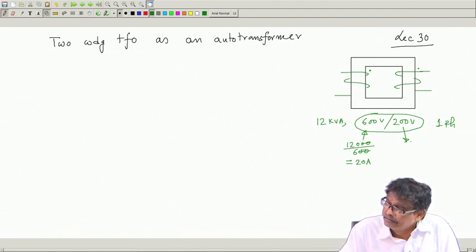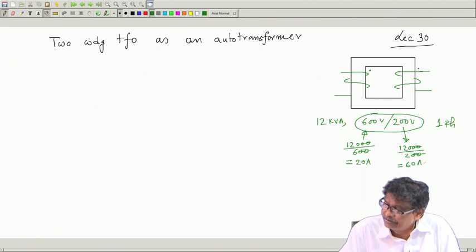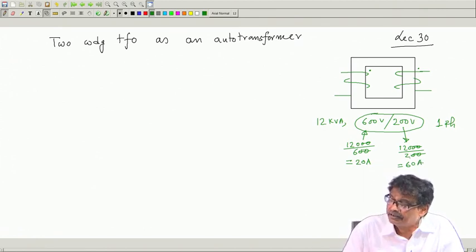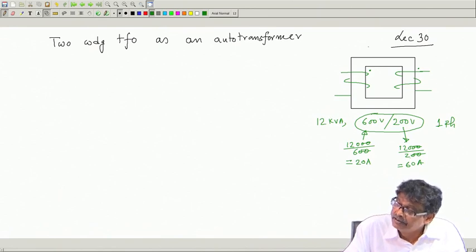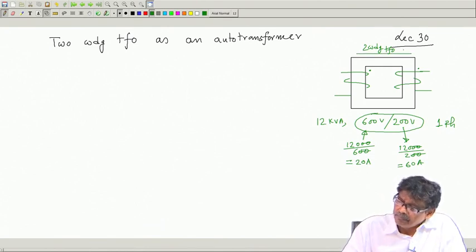How much? Let me calculate it: 12,000 divided by 200, and this is 60 ampere. Is not? I should be ready with this the moment kVA ratings and voltage ratings are known for a two winding transformer.